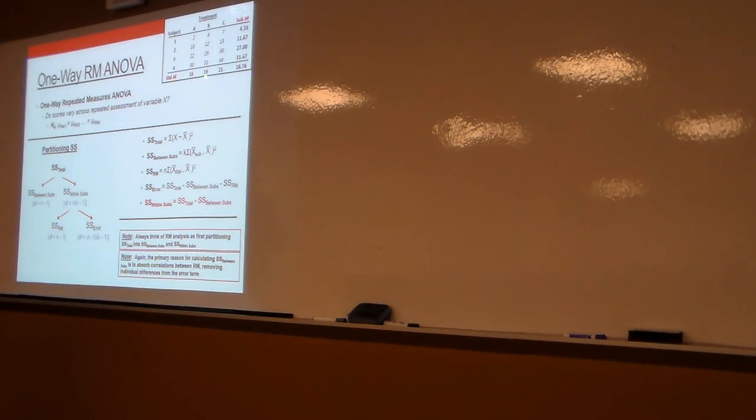Mean of assessment B, subtract that from the grand mean, square that. Mean of scores on the 3rd time point, subtract it from that. Take the sum of those squared deviation scores and then multiply it by, in this case, 4, because we've got 4 people, right?